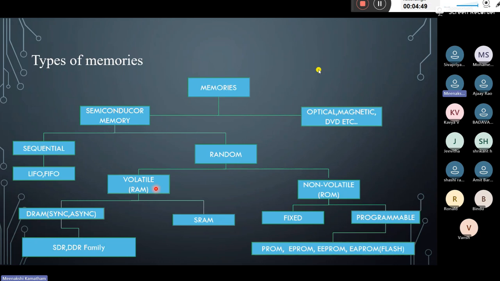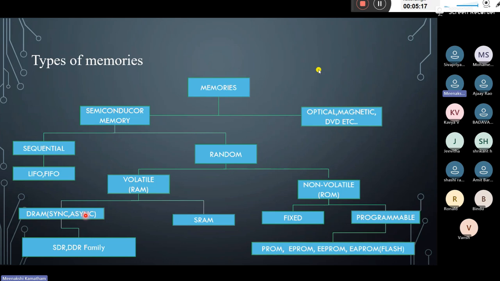That is volatile memory. What I had already saved is stored in secondary memory, which is the permanent memory. RAM comes under SRAM and DRAM, which are temporary, volatile memories.